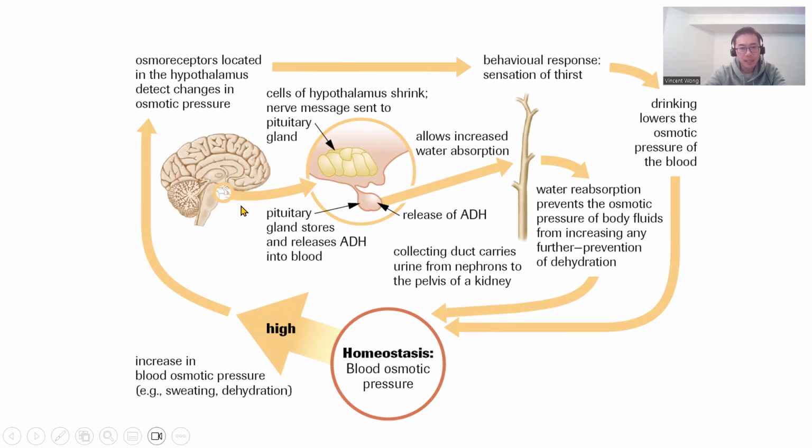At the same time, the shrinking causes the hypothalamus to send a signal to the pituitary gland, and that will release the ADH, the anti-diuretic hormone. It travels through the bloodstream to the distal tubule and collecting duct, and it absorbs water. Basically, it increases the water absorption of the kidney to prevent further dehydration.